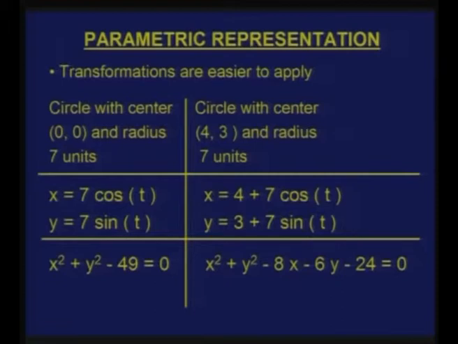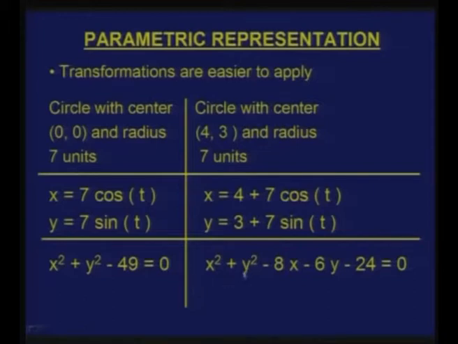If I look at this, the right hand side denotes the shape and size aspect of the entity which you are representing, whereas 4 and 3 are the translational, or transformation, variables. Now, let us look at the same when I have an implicit representation.